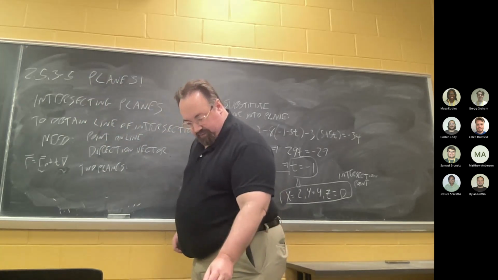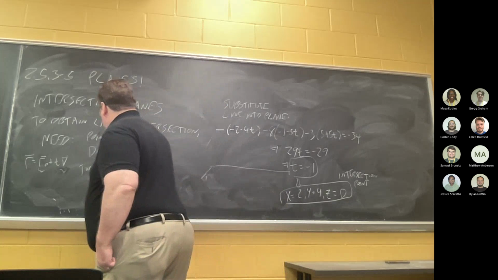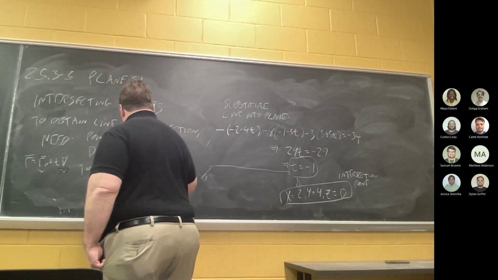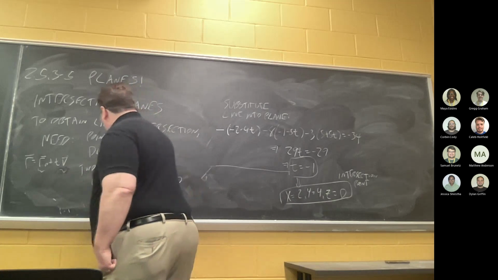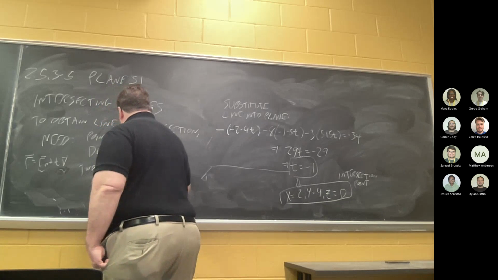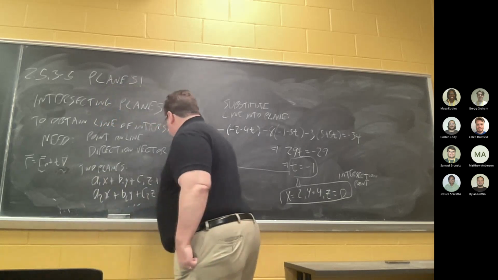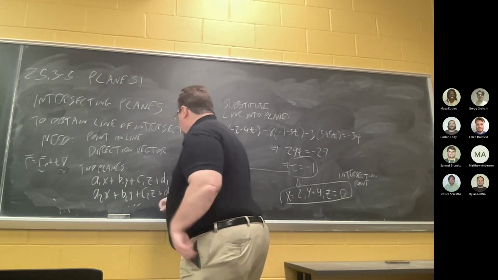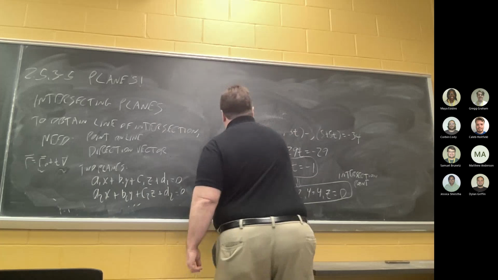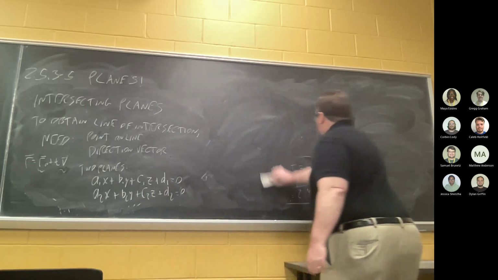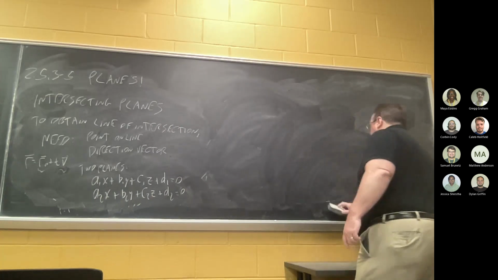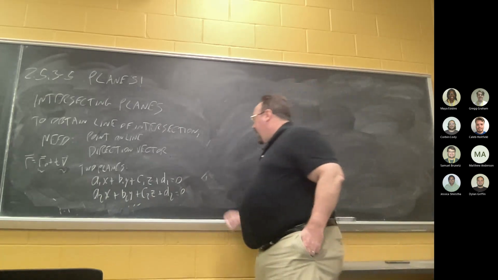Let's assume those are A1x plus B1y plus C1z plus D1 equals 0 for the first plane, and A2x plus B2y plus C2z plus D2 equals 0 for the second plane. Now, we need a point and the line's direction vector. The direction vector is the easier one to get.